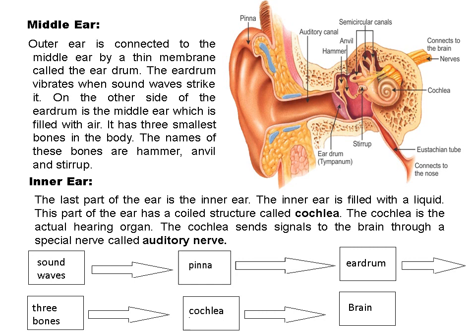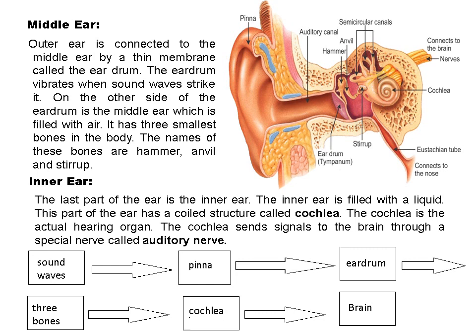At the last, the functioning of the ear by the flow chart has been shown to you. The sound waves are entering the outer portion of the ear through the pinna, and then it moves to the eardrum. The sound waves are sent to the middle portion of the ear, where there are three delicate bones.